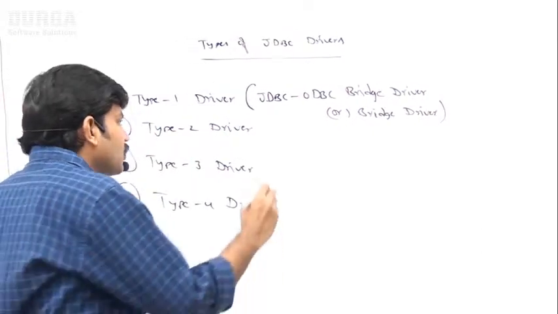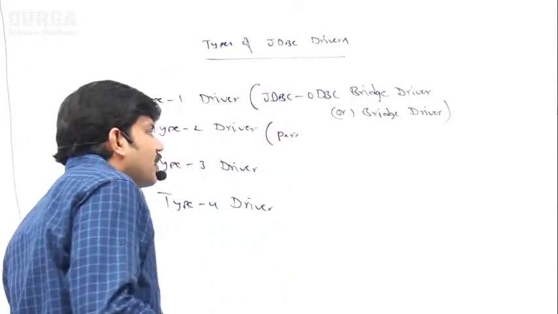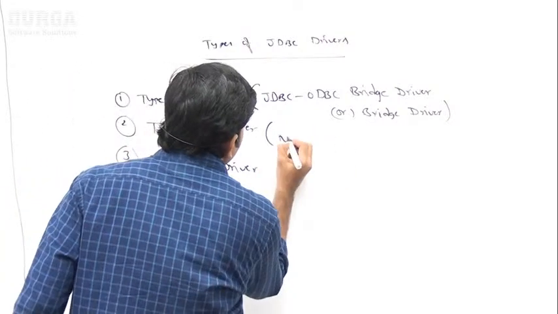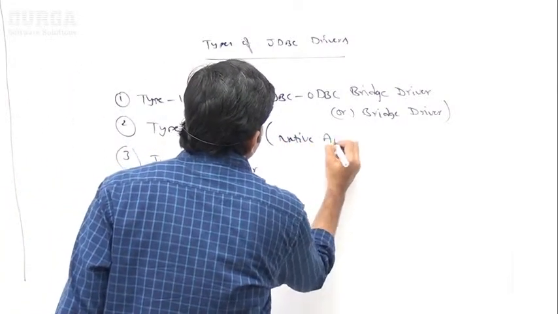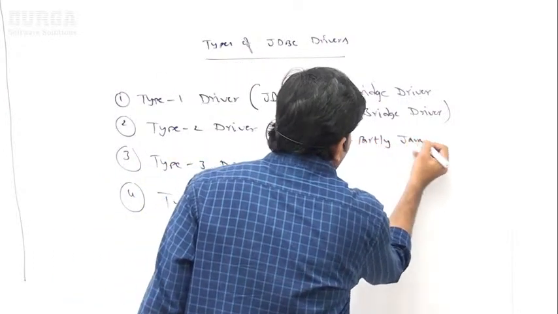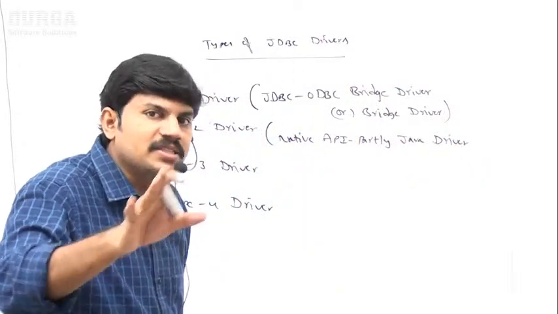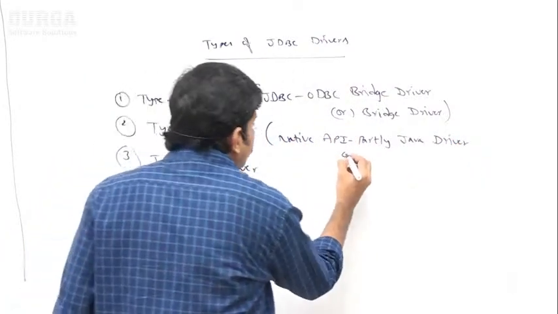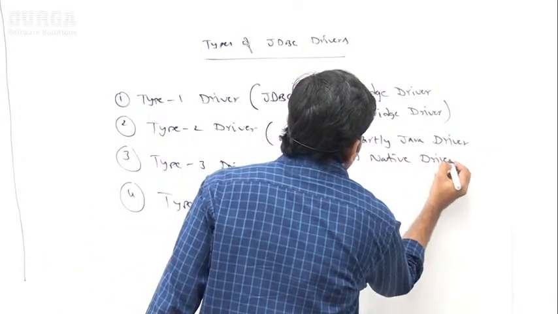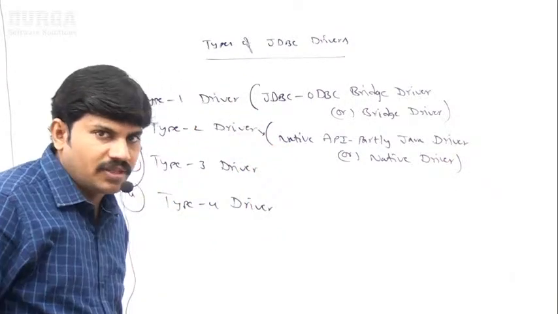Type 2 driver is also known as partly Java native API driver. Type 2 driver is also known as native API, partly Java driver, or simply native driver.